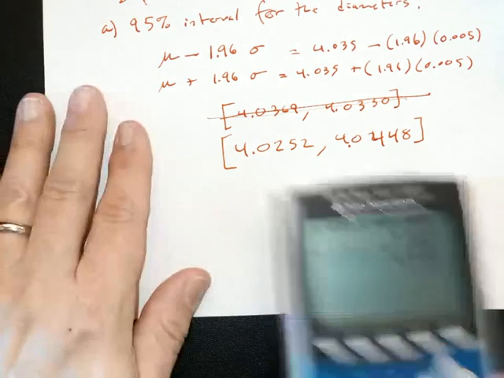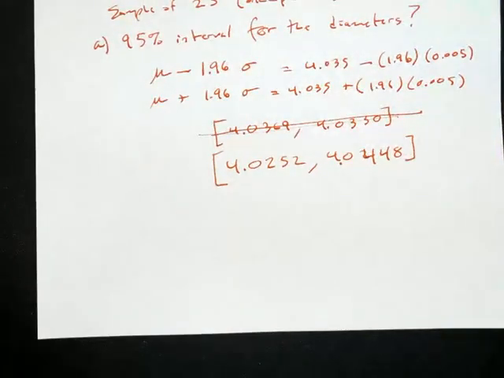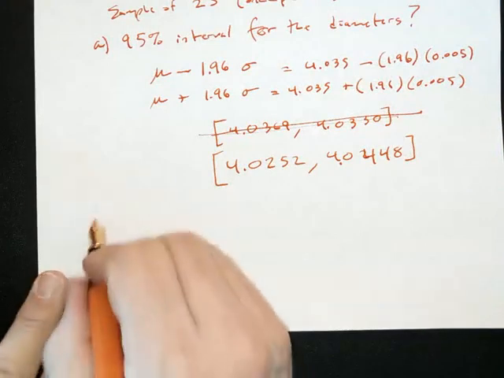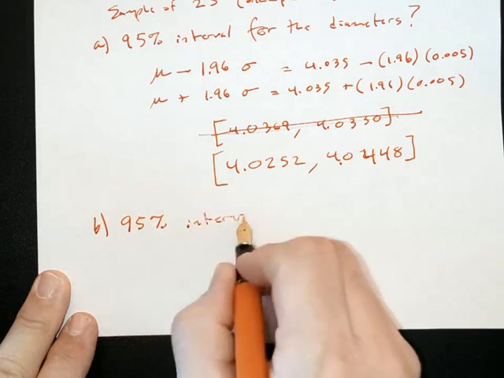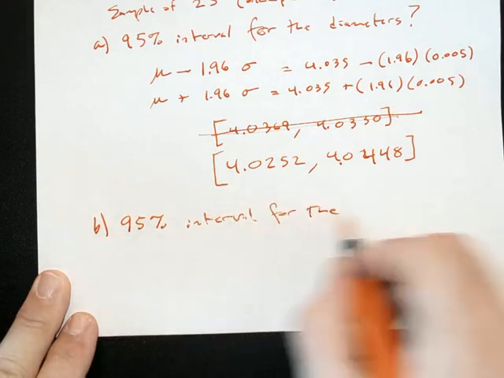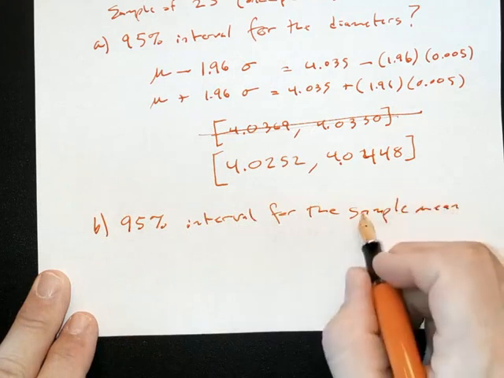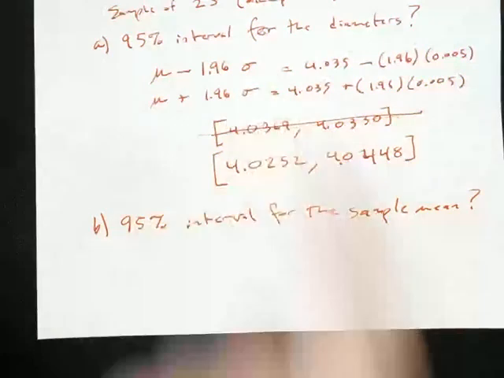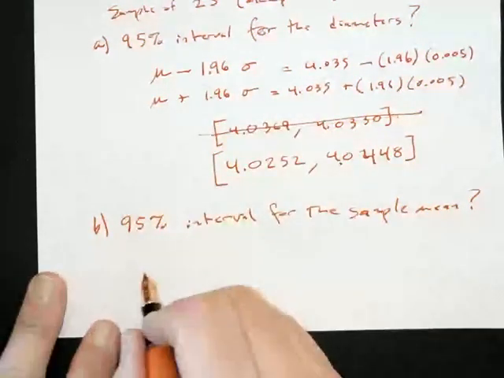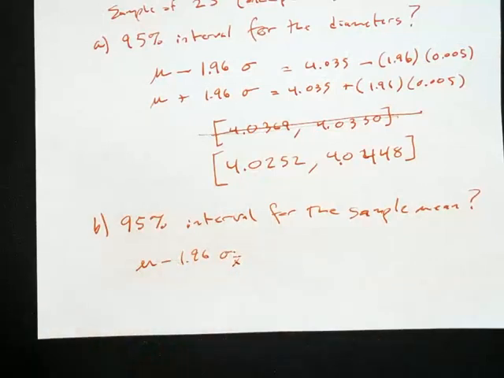So if I change this question, and instead of saying, what's a 95% interval for the diameter, if I said, what is a 95% interval for the sample mean, that's where I change the standard deviation. Instead of doing sigma, I do mu minus 1.96 sigma x bar.